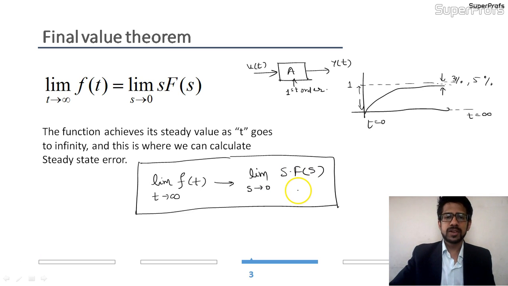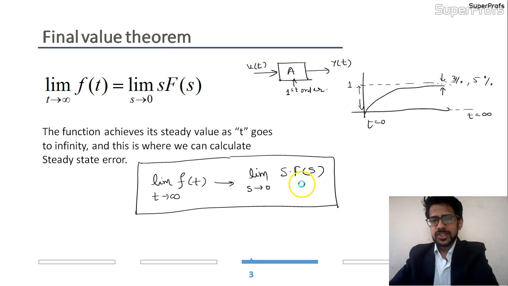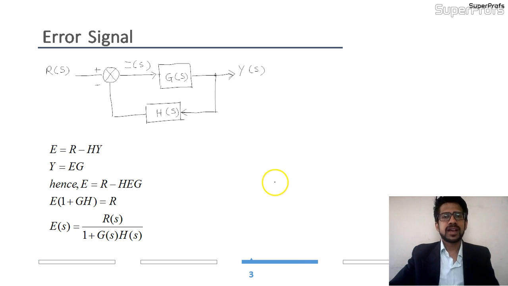Now we will go forward and check what is an error signal. Let us complete this figure.